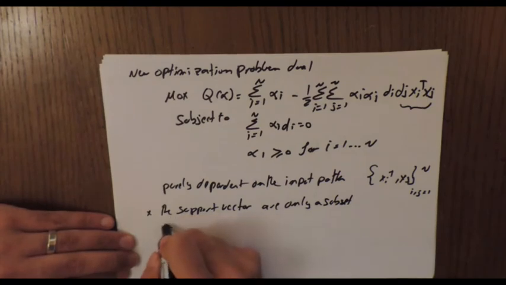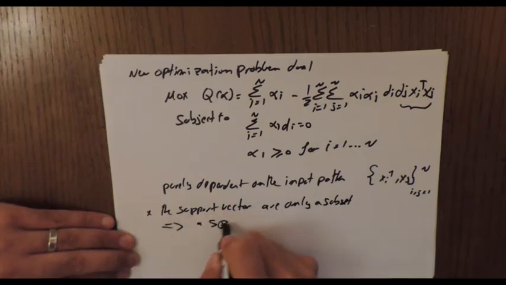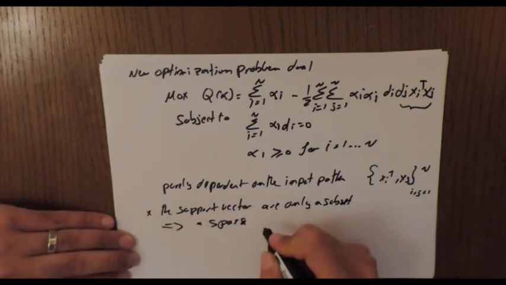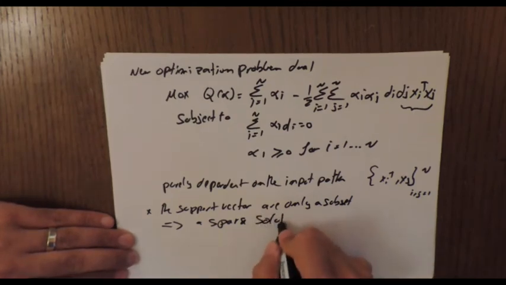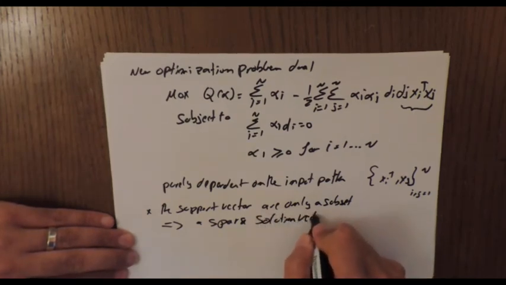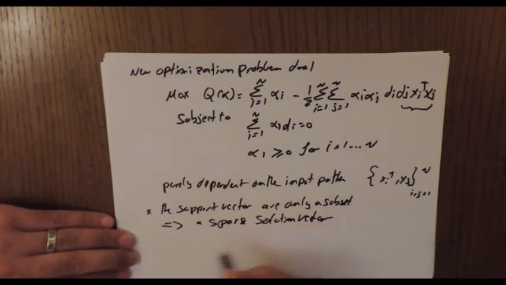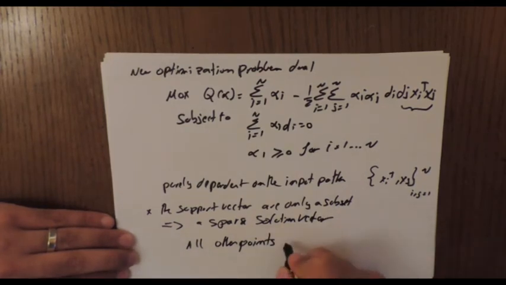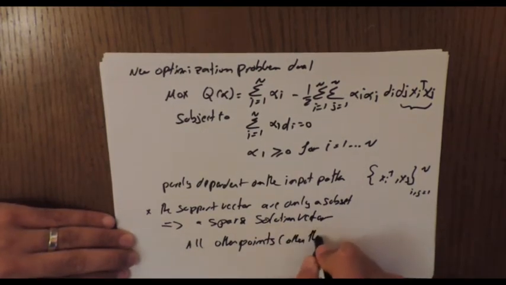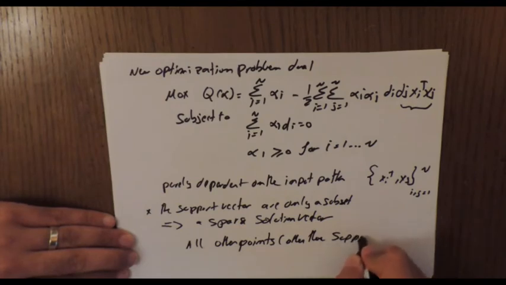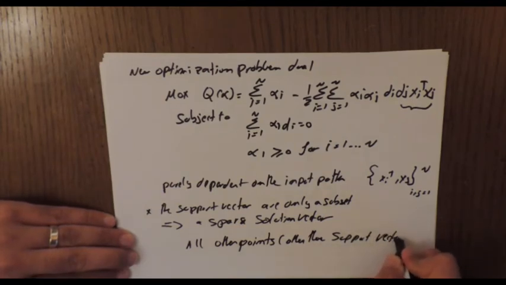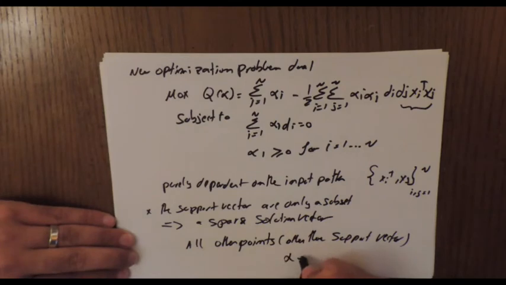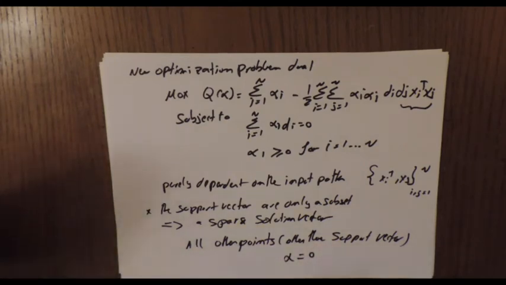This means we have a sparse, not very much populated solution vector. And remember that all other points other than the support vectors have alpha equal to 0, because we need only to maximize the margin of the optimal hyperplane.